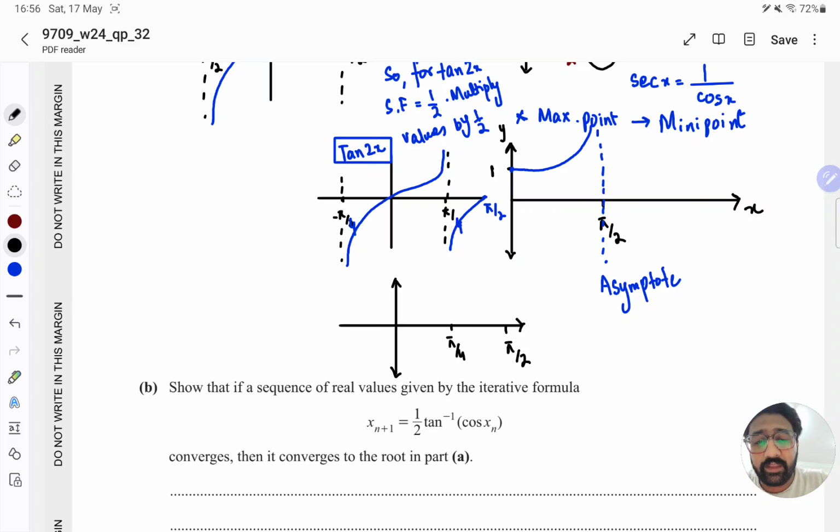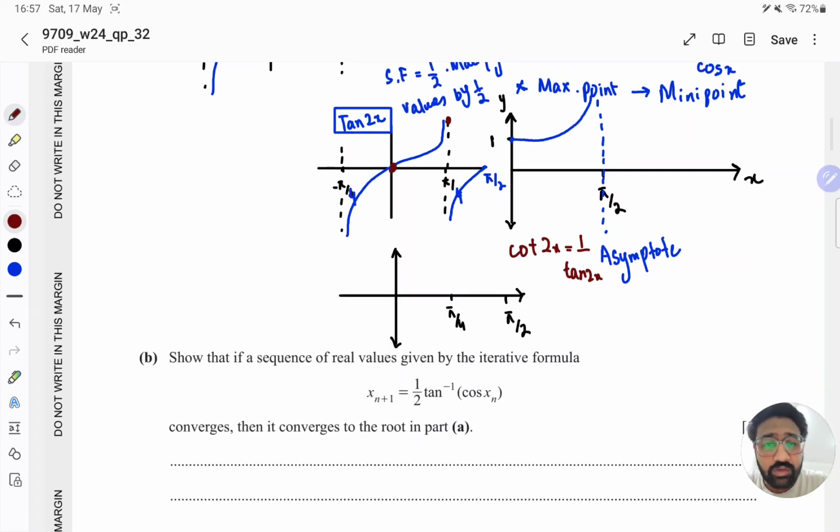Now if you could see at this place, this is 0, and as it approaches towards pi by 4, because we know that cot 2x is basically 1 by tan 2x, it's basically the reciprocal.